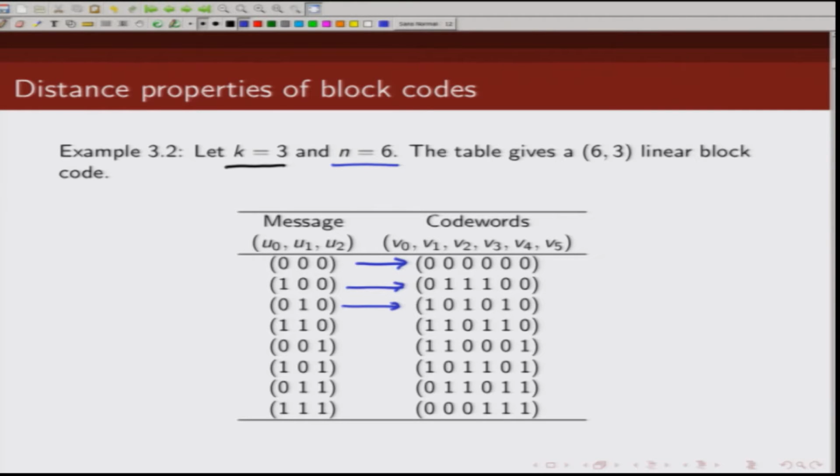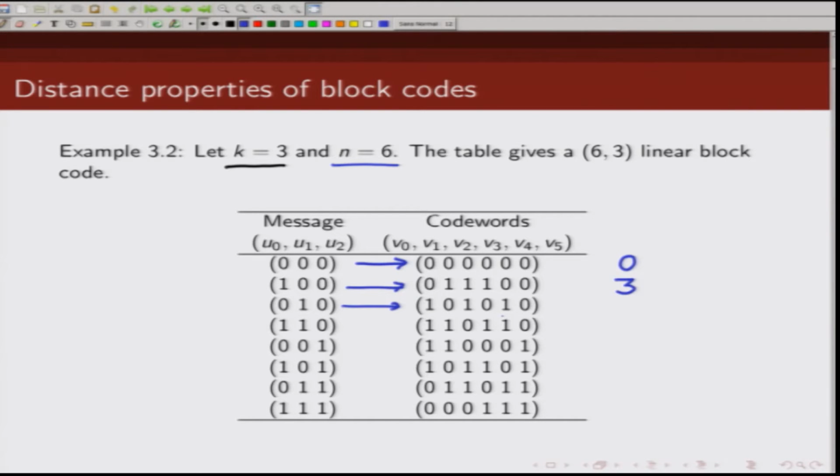Now, let us look at the weight distribution of these code words. This is the all 0 code word, so the Hamming weight for this is 0. This code word has 3 ones, so Hamming weight is 3.